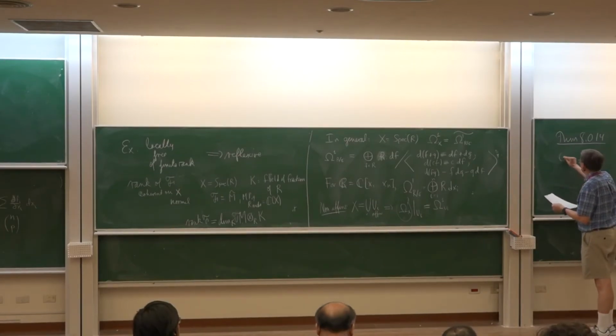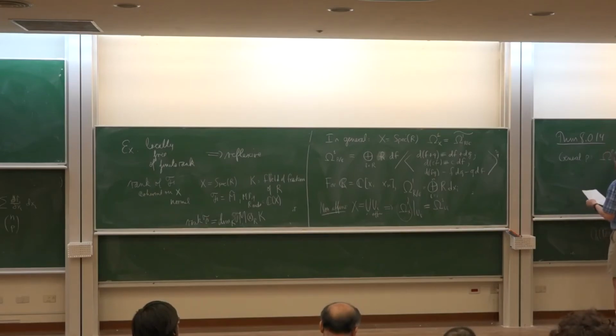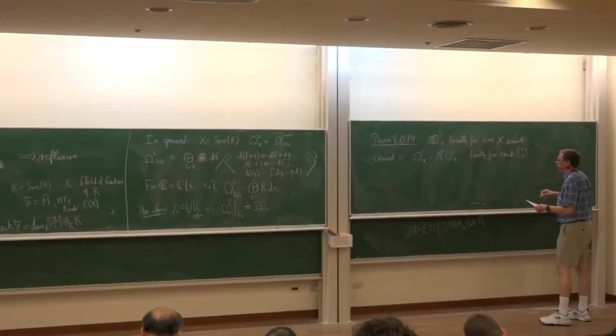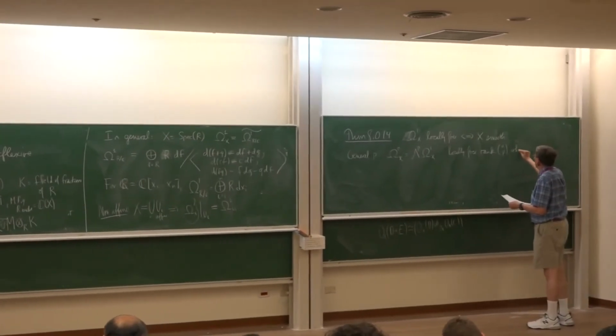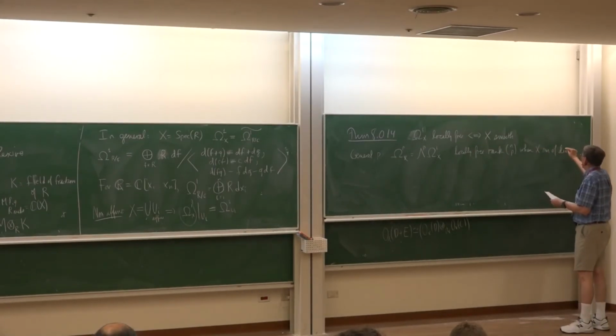And then of course to finish off, the general p, omega p of X is just the wedge of that guy, and this is locally free of rank n choose p, again, n is the dimension of X, when X is smooth of dimension n.